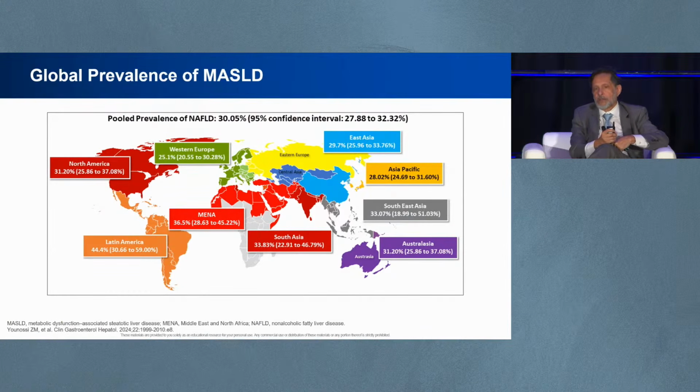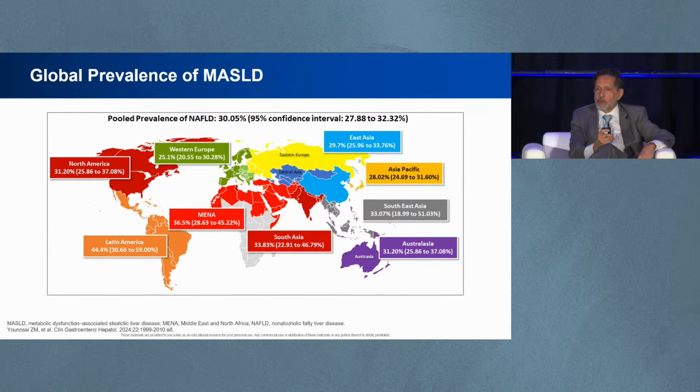And you can see that here in North America, approximately 31% of the general population has, and this is an old paper, so it says NAFLD, and as you know, the nomenclature changed a couple of years ago from non-alcoholic fatty liver disease to metabolic dysfunction-associated steatotic liver disease. We use this somewhat interchangeably now.